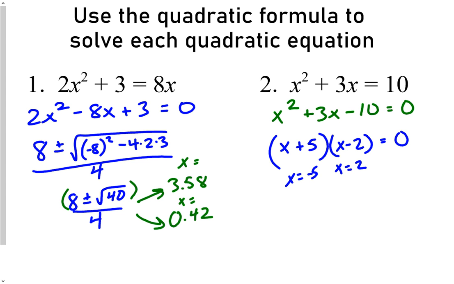But here's the thing. It says use the quadratic formula to solve each quadratic equation. How about maybe we cross that first part out and just say solve each quadratic equation. Now, sometimes, we have to know that we can use all the methods and we have all the tools in our toolbox. But if we have all the tools in the toolbox, why not use them, right?